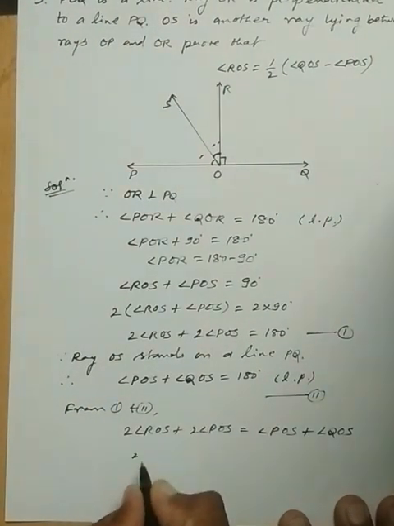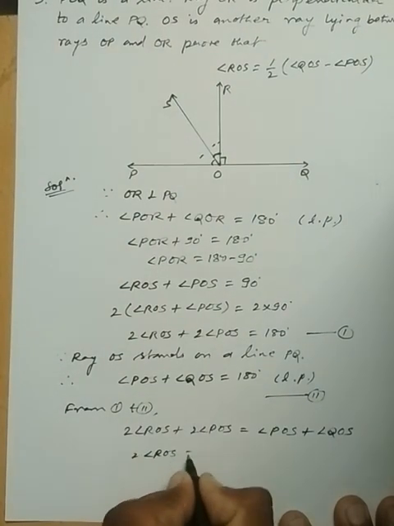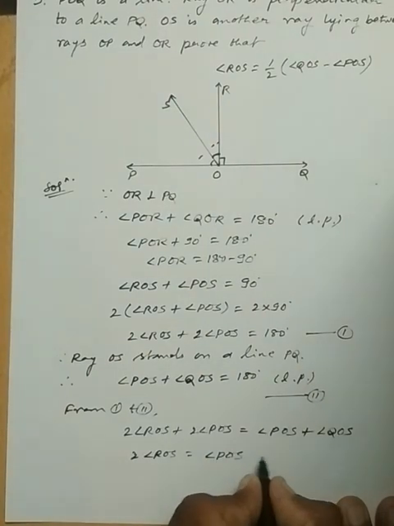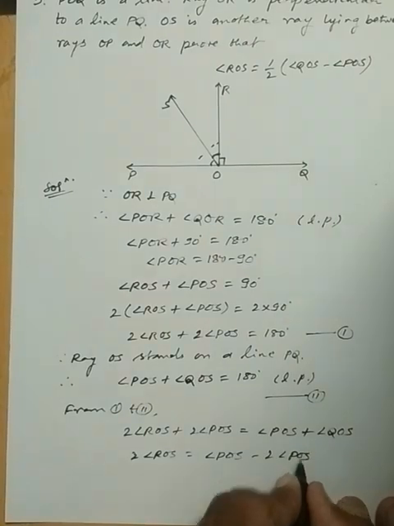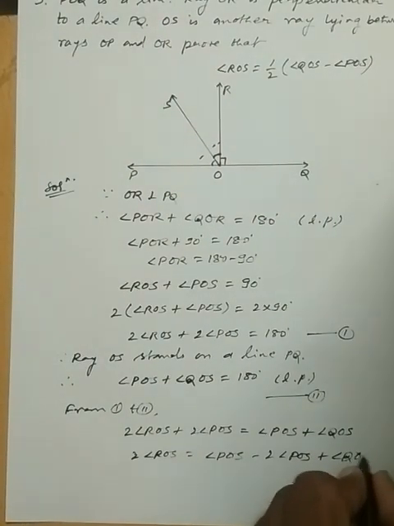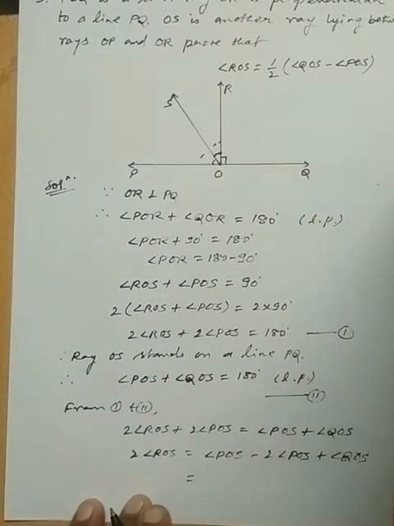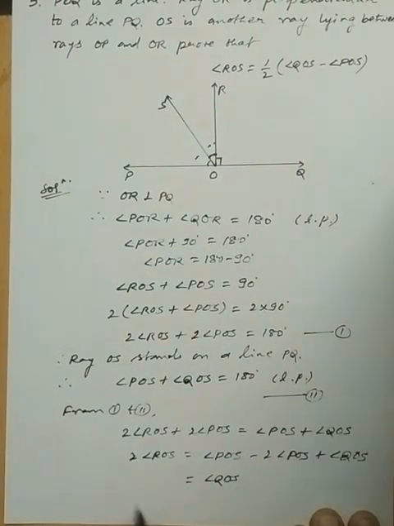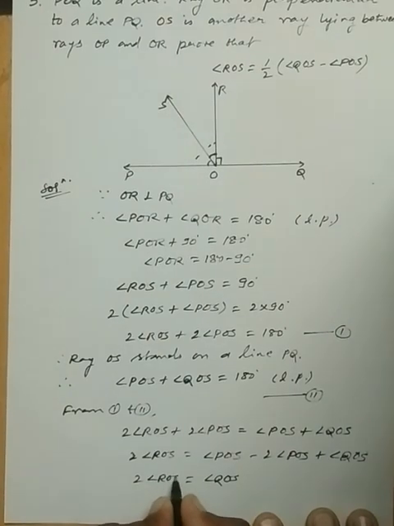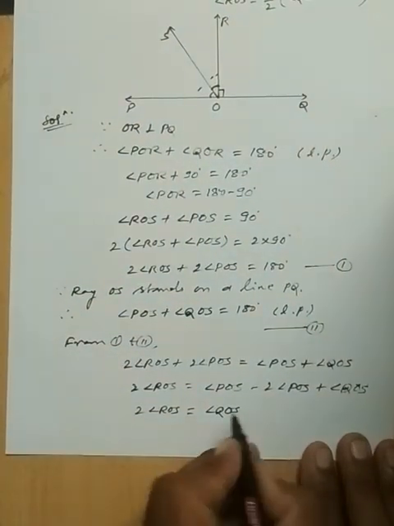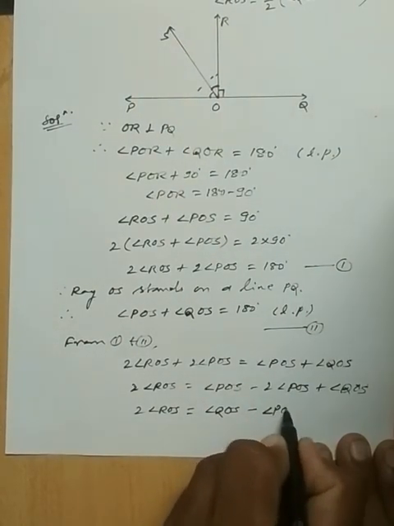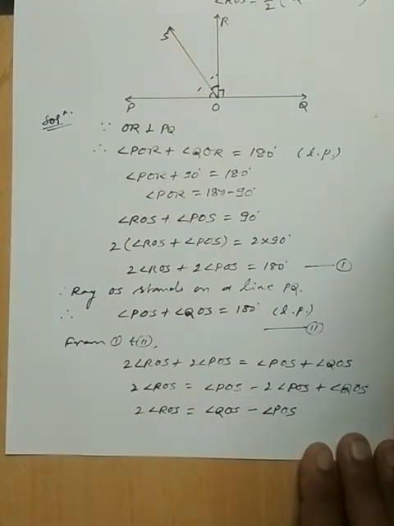So twice ROS equals POS plus QOS minus twice POS, and here we should subtract. QOS is positive, this is twice ROS, and POS minus twice POS is minus POS, since 1 minus 2 is minus 1.